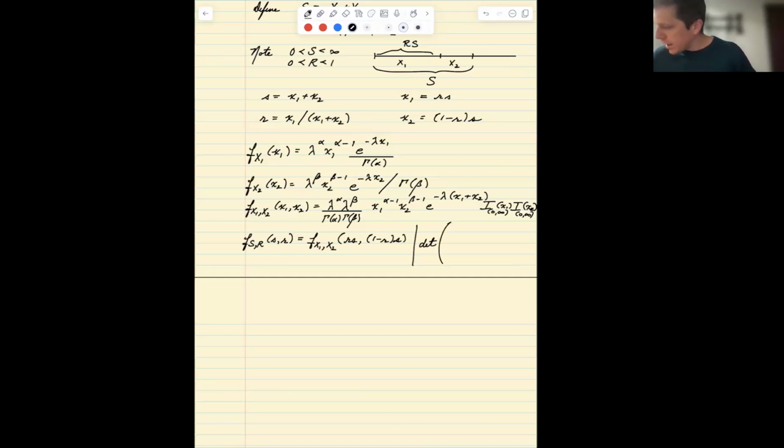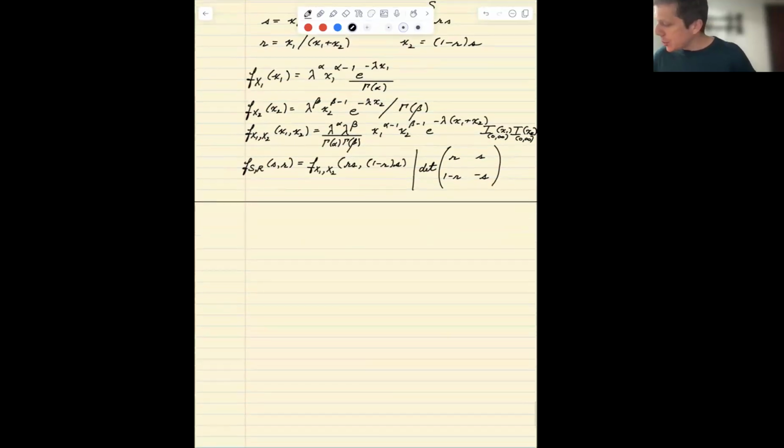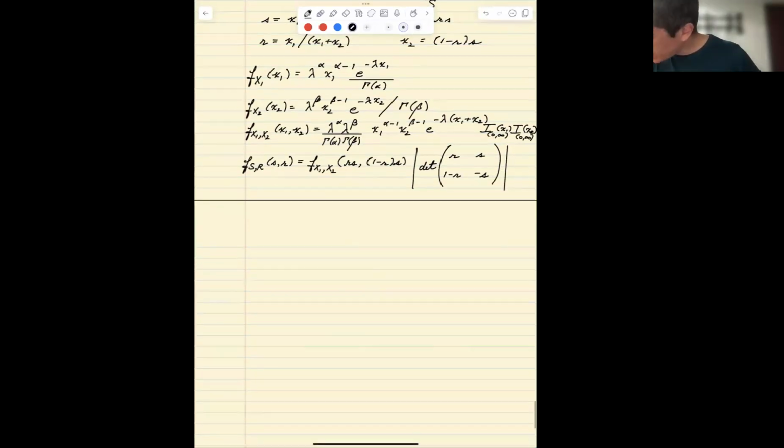And it's the determinant of dx1 ds, which is R, dx1 dr, which is S, dx2 ds, which is 1 minus R, dx2 dr, which is minus S. We'll see what that determinant is shortly.